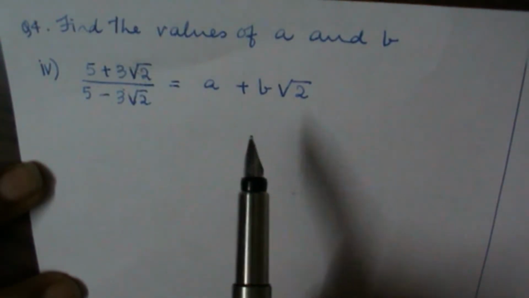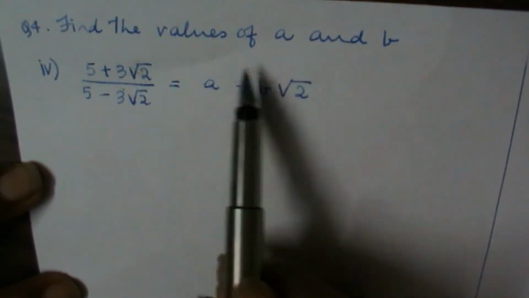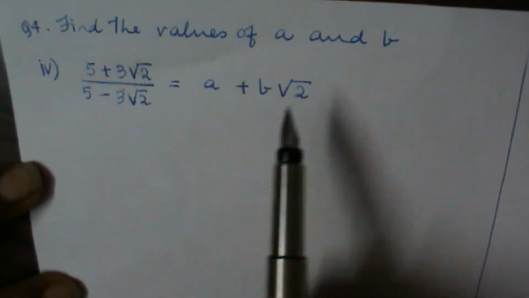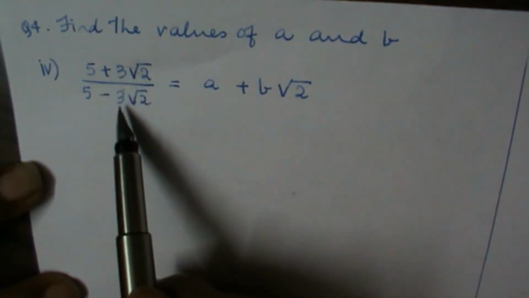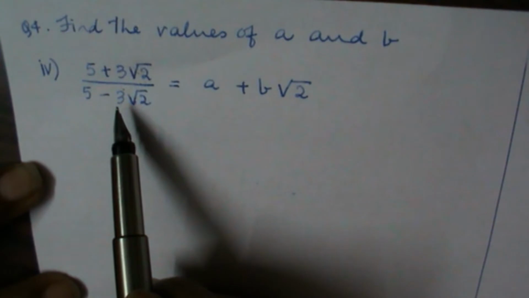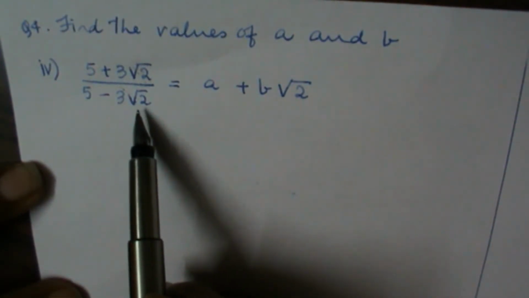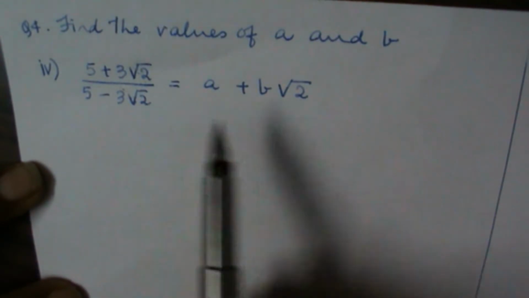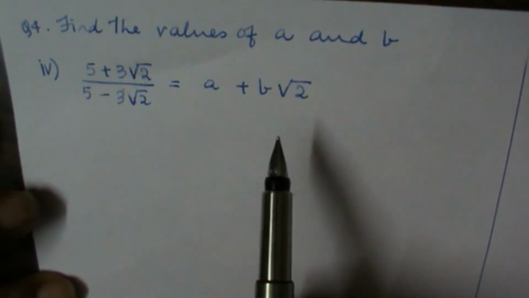But understand that when you simplify this, it should become like this. Does it have a denominator? No. Does this have a denominator? Yes. And so this denominator has been rationalized because there is apparently no irrational number in the denominator.